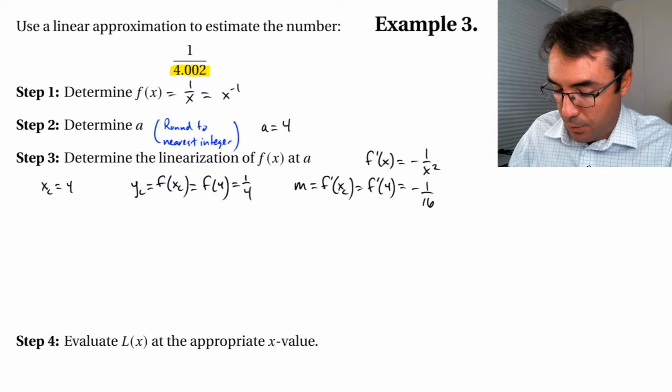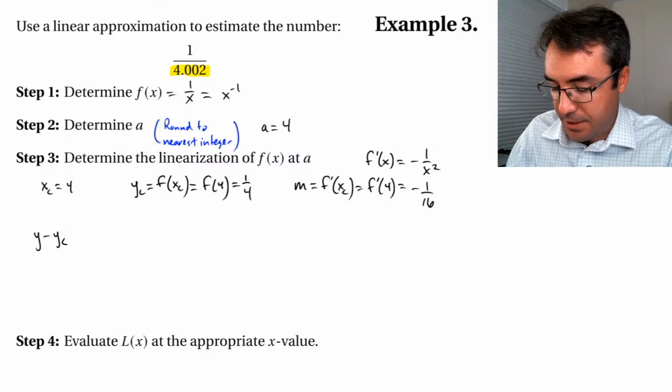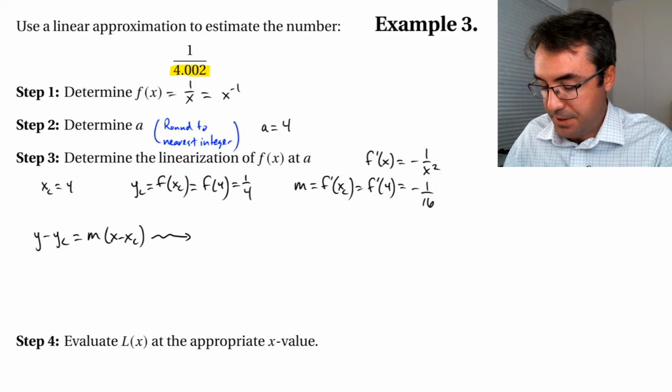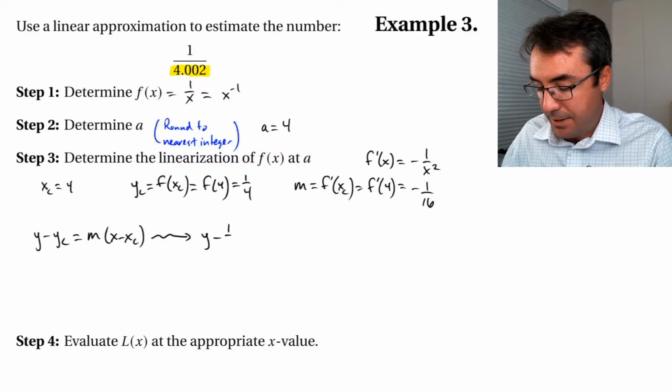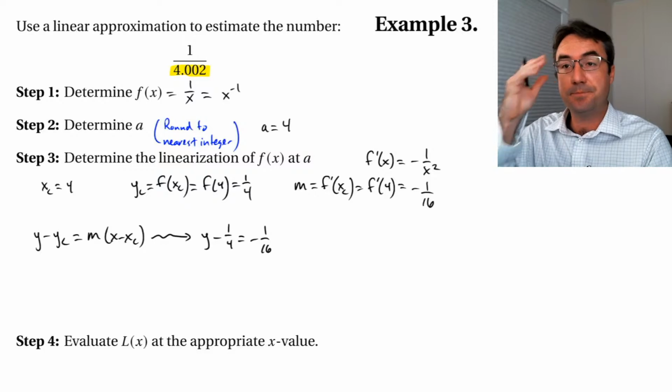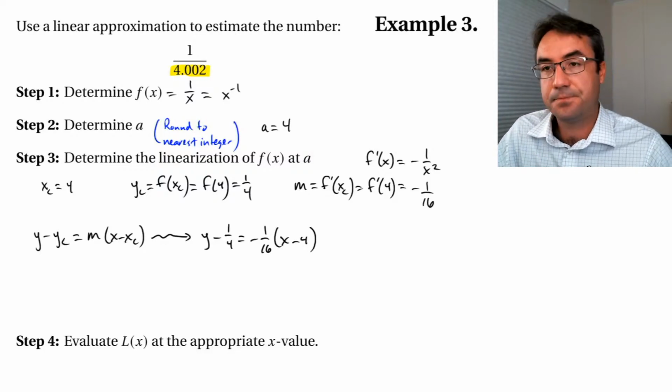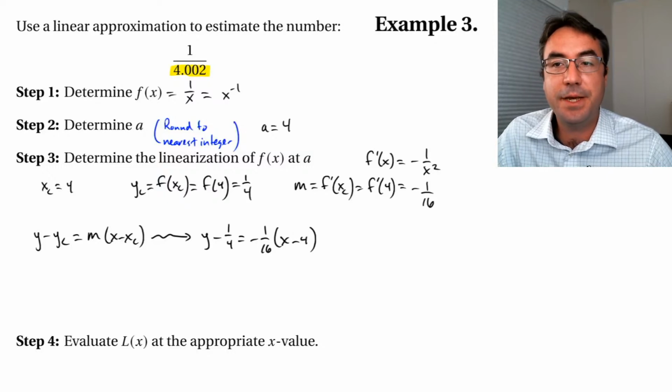So we use our point slope formula. Y minus our y-coordinate is equal to m times x minus our x-coordinate. Plug in all the pieces. So y minus 1/4 is equal to negative 1 over 16 times x minus 4. So we've just plugged in all our pieces.